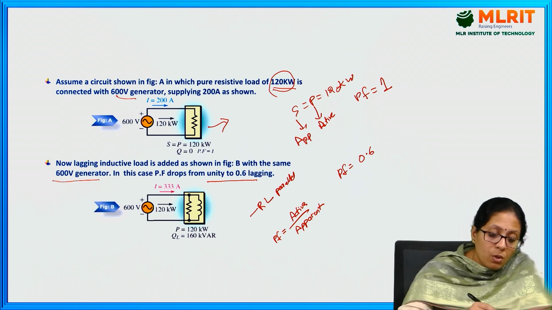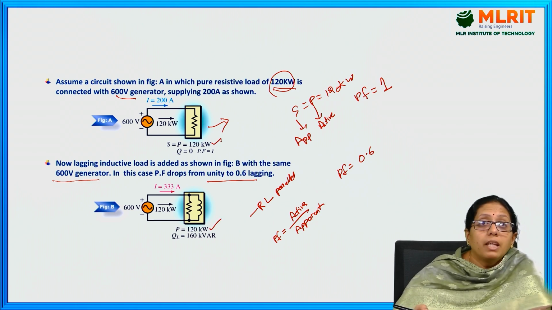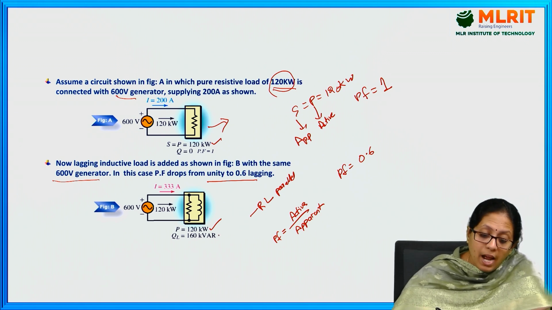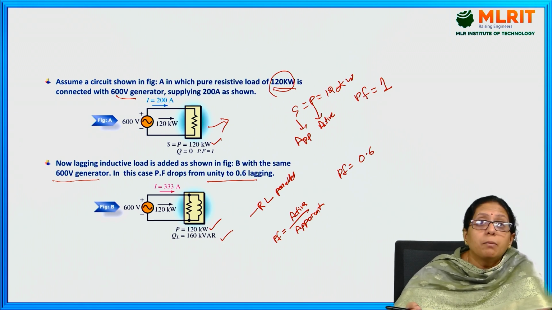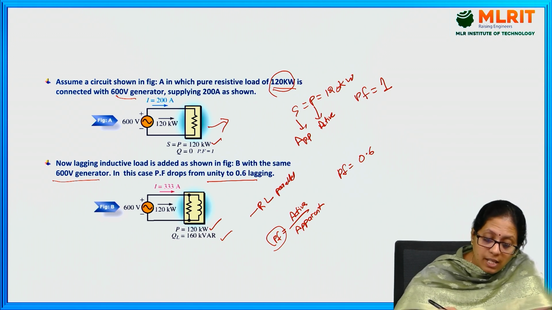Here, previously this 120 kilowatt is nothing but the active power now, and this is your apparent power. By using this power factor formula, we can calculate this, which is nothing but the reactive power now.